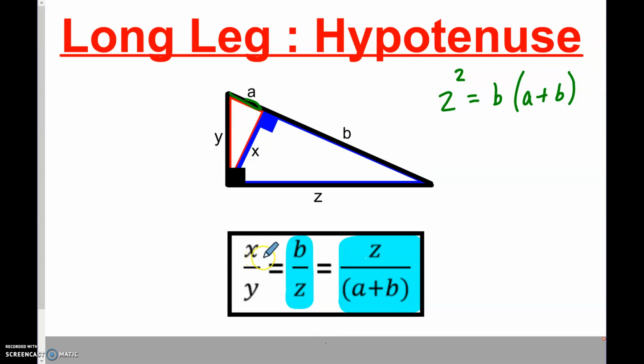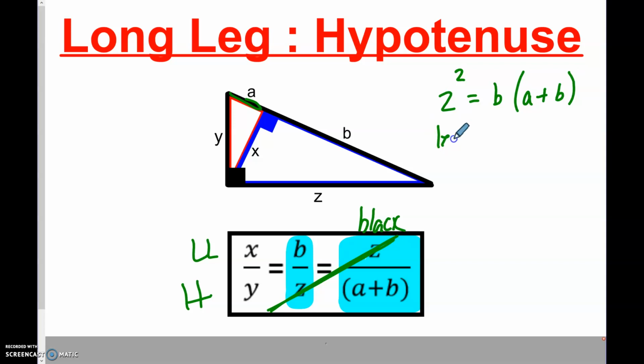In the red triangle, long leg is X over hypotenuse Y. In the blue triangle, the long leg is B over the hypotenuse Z, and then the black triangle would be our long leg Z over the hypotenuse A plus B. So when we cross multiply, we get Z squared.